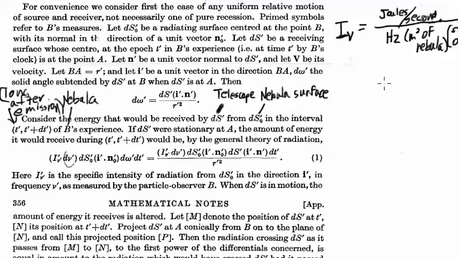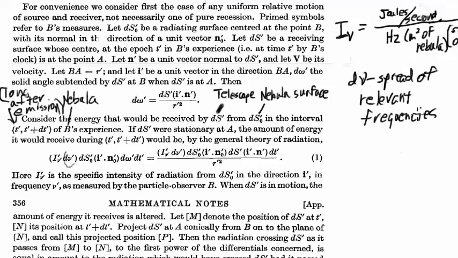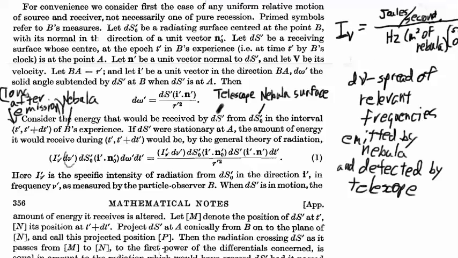D nu is the spread of relevant frequencies over which the intensity can be said to be relatively constant. Those frequencies have to be emitted by the nebula and detected by the telescope. So that's a specific set of frequencies.